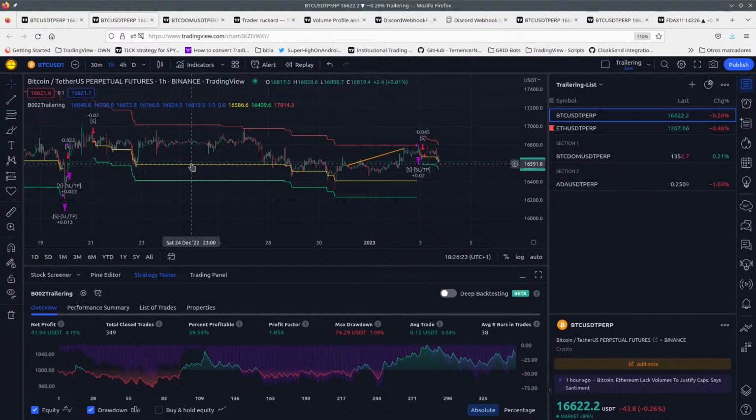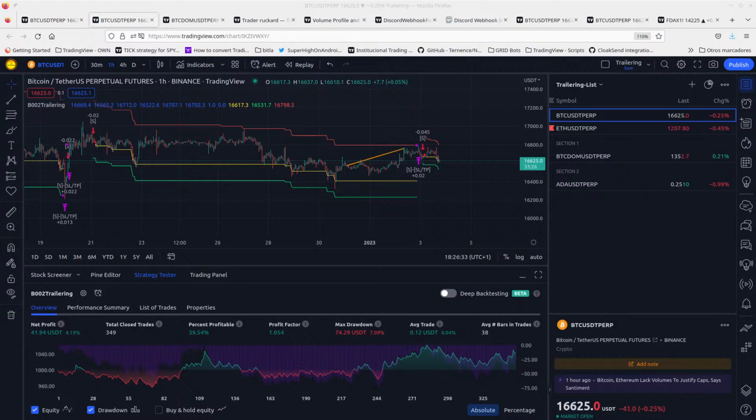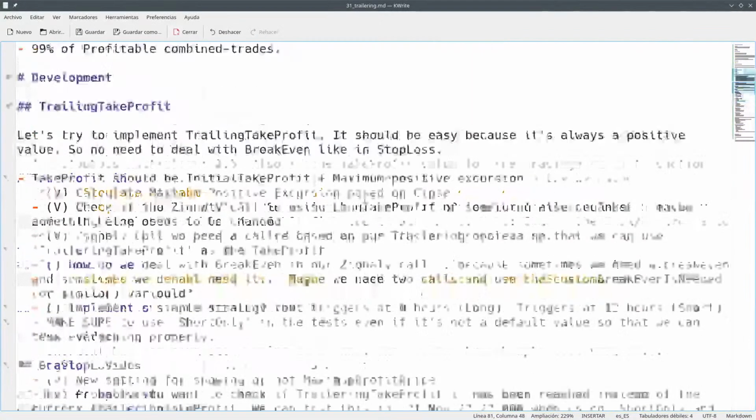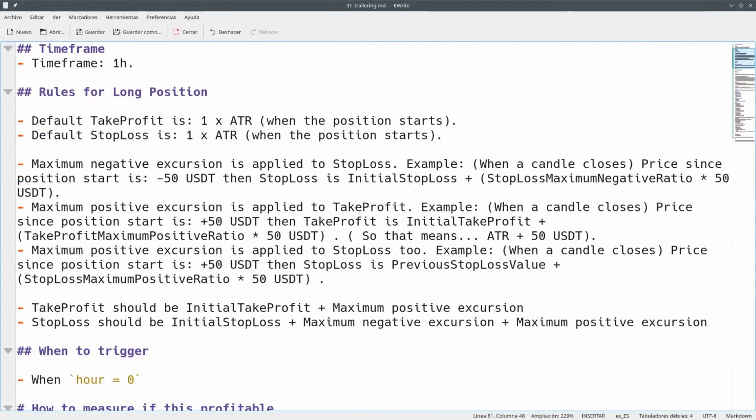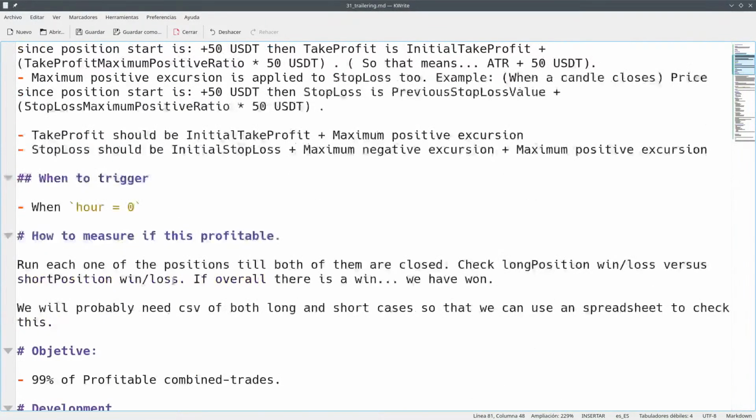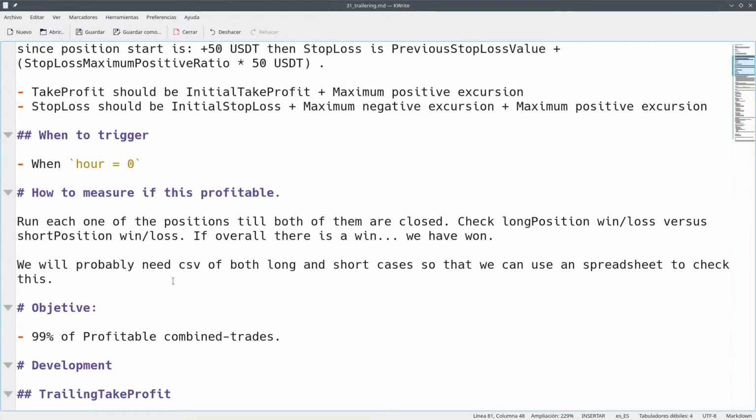This is going to be difficult to backtest, or forward test, because my logic is, I mean, this is written here somewhere. Run each one of the positions till both of them are closed.